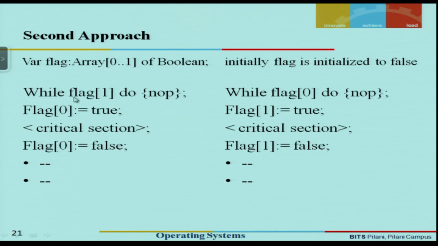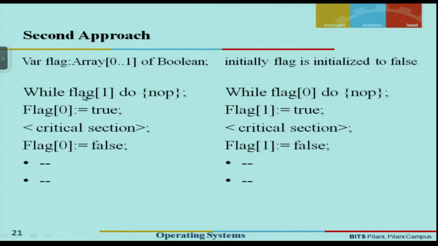This essentially means that if the flag value is true, then don't do any operation, meaning process 1 is already executing. So here we are trying to see the status of the flag. When process 0 comes, it checks the status of process 1.